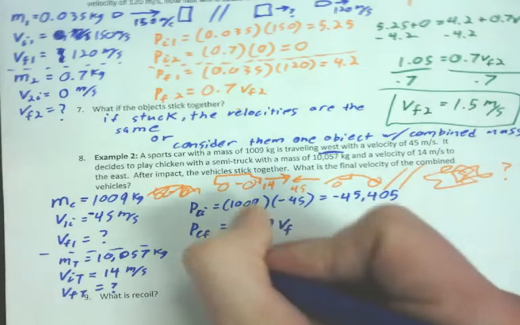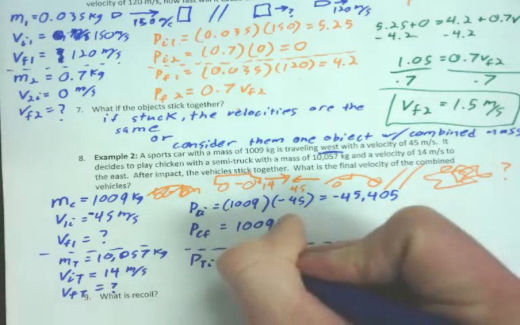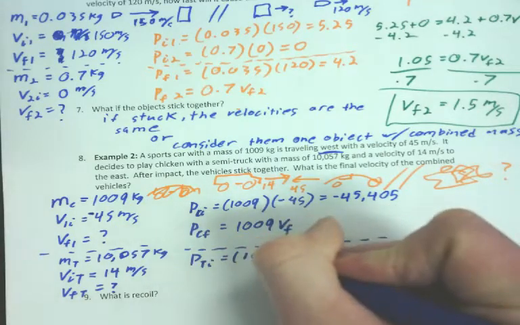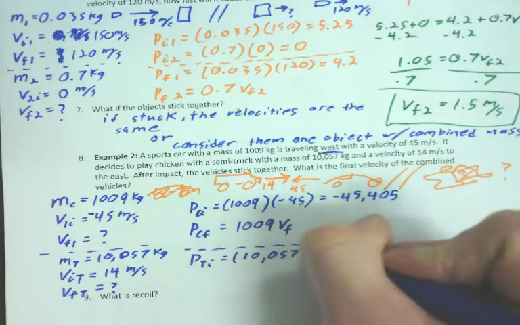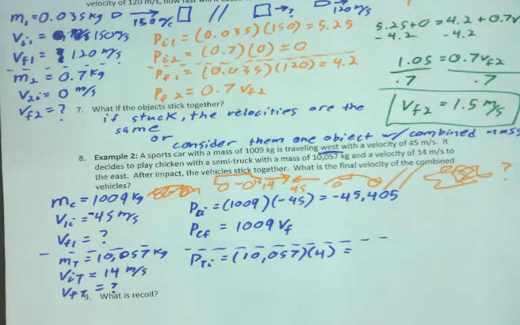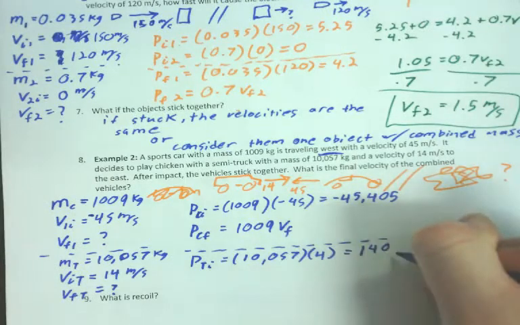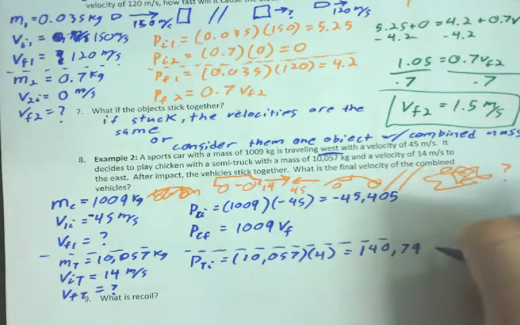Okay, now we're ready for the truck. The initial momentum for the truck is 10,057 times 14, which gives me 140,798.